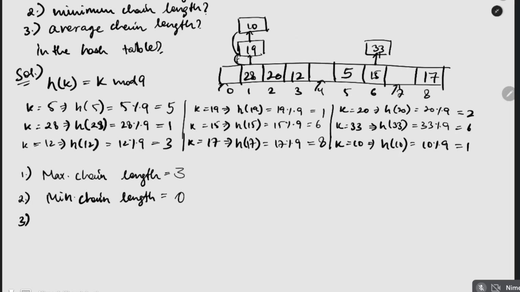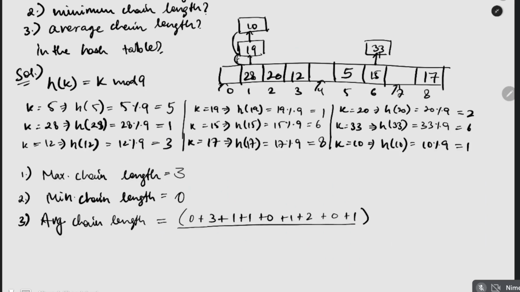And then the last one, that is what is the average chain length, right? So for average, what we do is we sum all the chain lengths and then we divide it by the total number of slots, right?